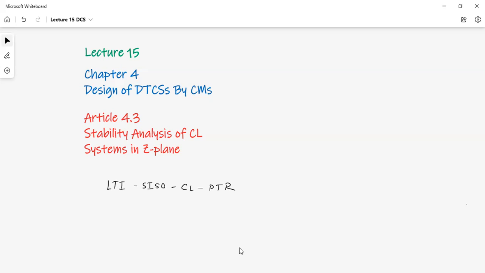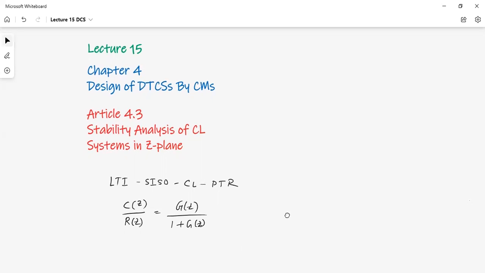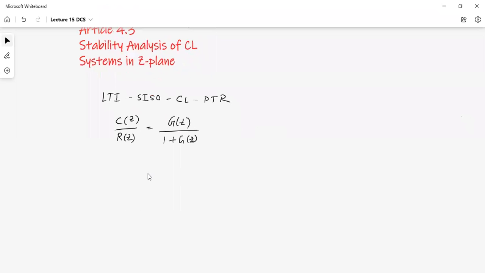We can have a system like this: C(z)/R(z), that is output over input, equal to G(z)/(1+G(z)). The denominator is called the characteristic equation.